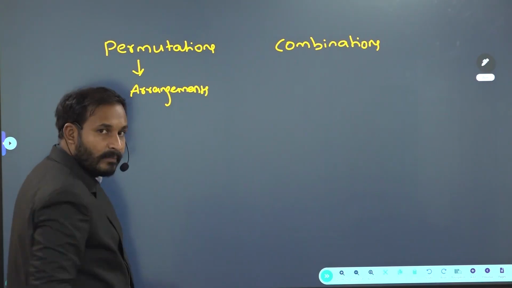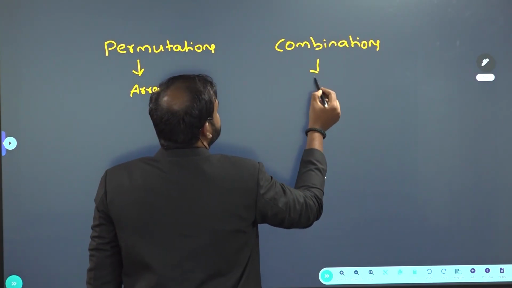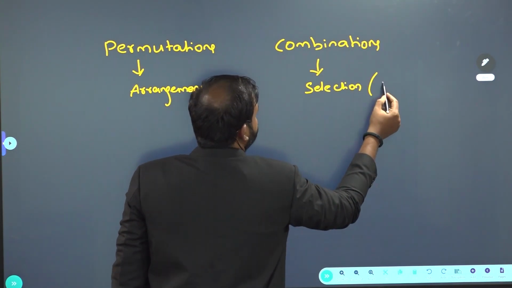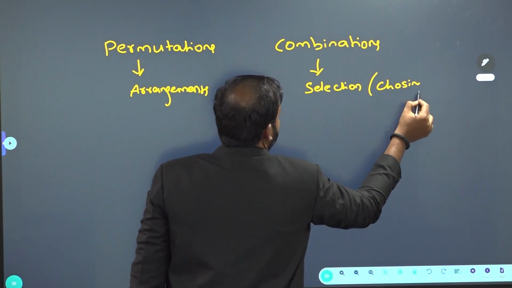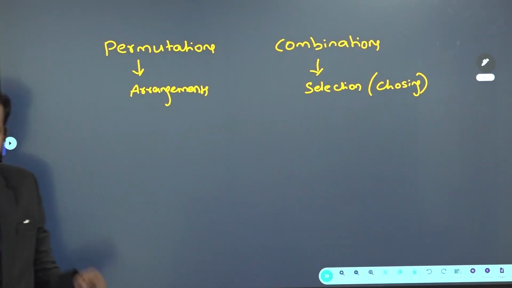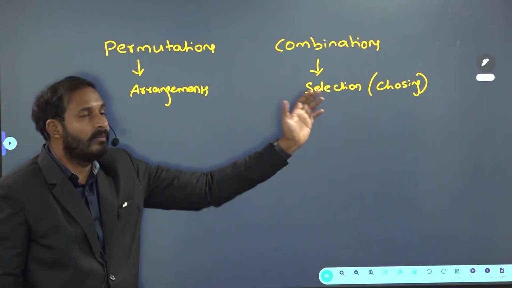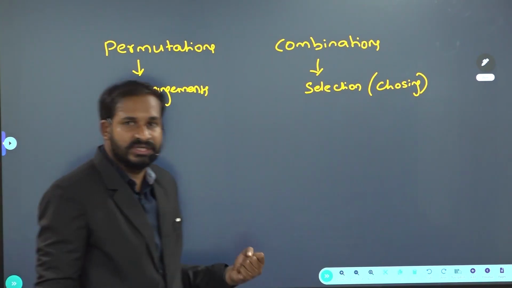When it comes to combinations, combination means selection or choosing. Okay, so please try to understand this concept, students. Permutations means arranging, whereas combination means selecting or choosing the people.